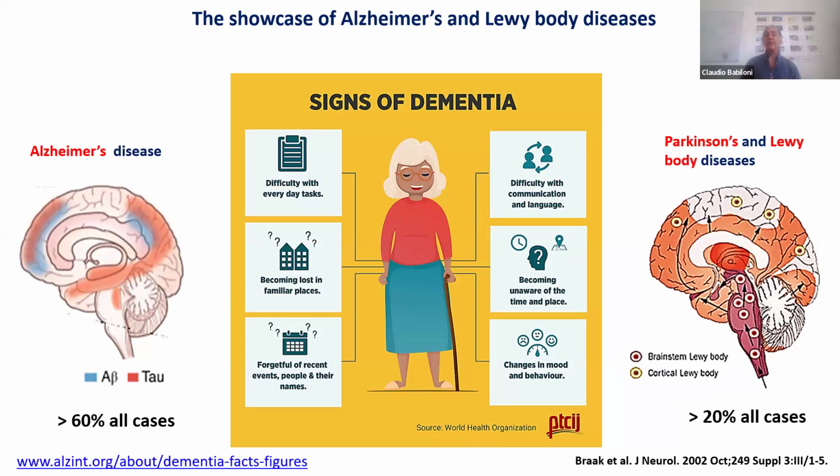The focus of the PD Waves consortium was understanding the vigilance dysfunctions as revealed by EEG activity in patients with cognitive deficits due to Alzheimer's disease, Parkinson's disease, and other neurodegenerative diseases.